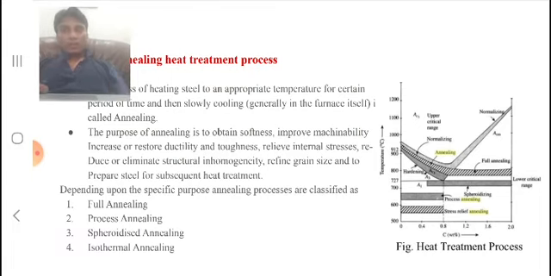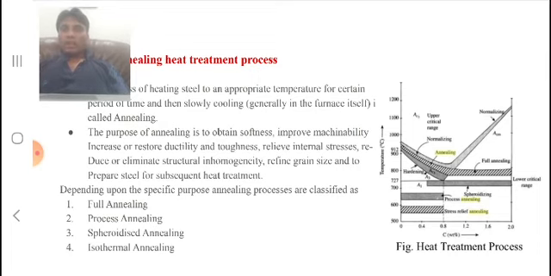In spheroidized annealing, microstructure changes take place. What is that? The cementite network is converted into small spheroids or globules. Whereas in process annealing, whatever microstructure we have, ferrite plus pearlite in hypoeutectoid steels will remain as it is.